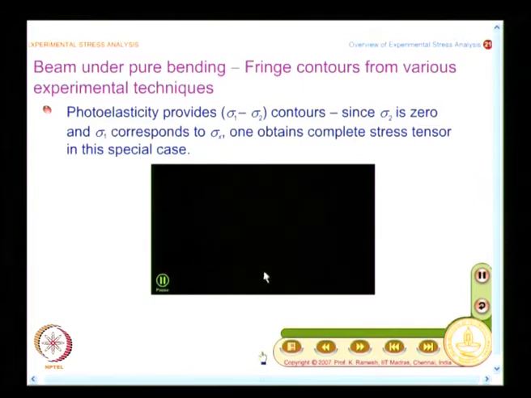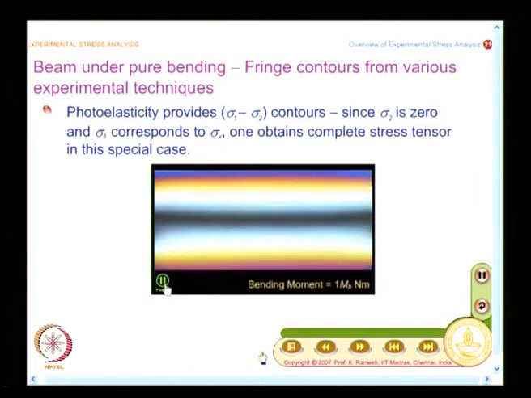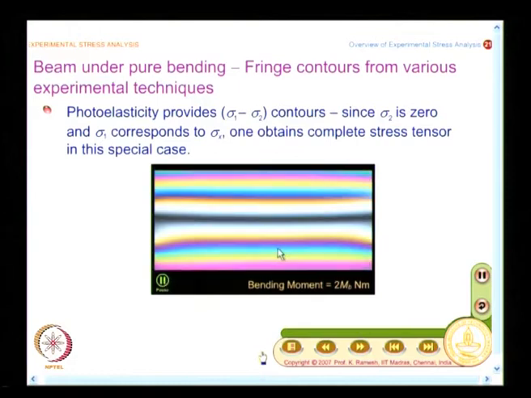What you see here is that I have increased the load in steps of 1, and you find this is fringe order 0, fringe order 1 at the bottom, and when I double the load I see the fringes double.